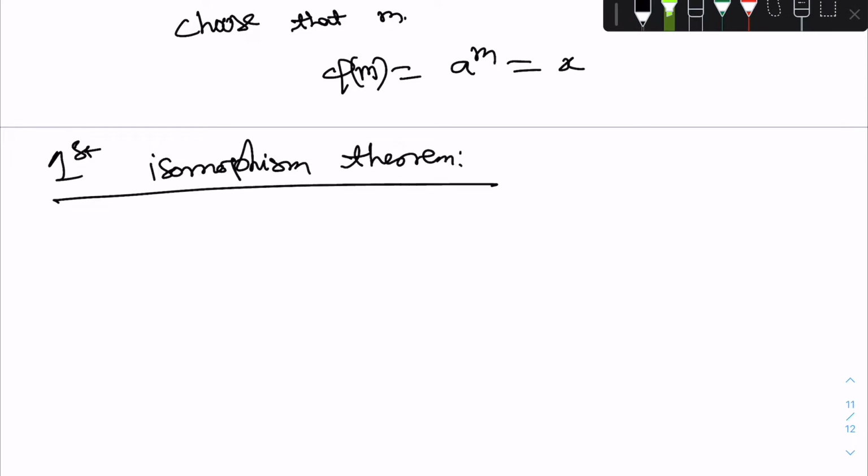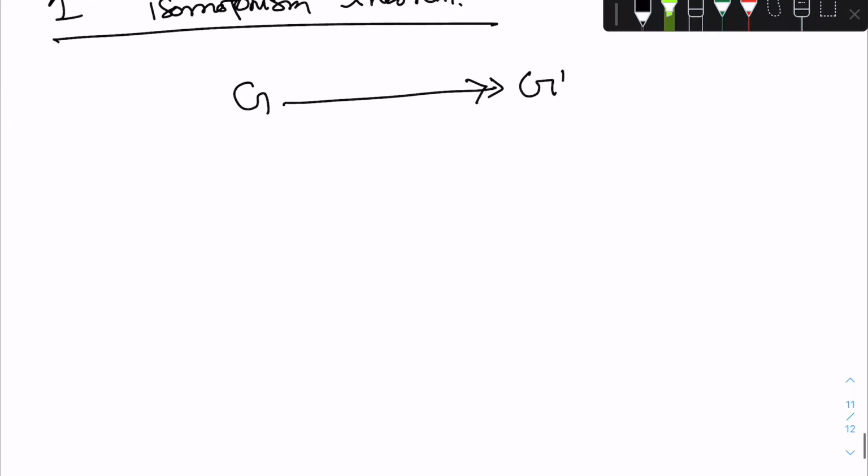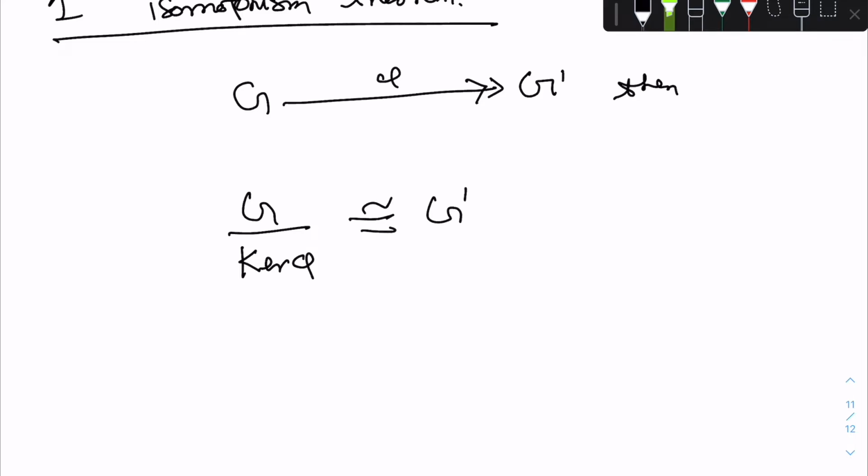Now the role of the fundamental theorem of homomorphism, or first isomorphism theorem. We like to call it the first isomorphism theorem. That is, whenever you have a group G and there is an onto homomorphism phi from another group, then G by kernel of phi is isomorphic to the codomain.